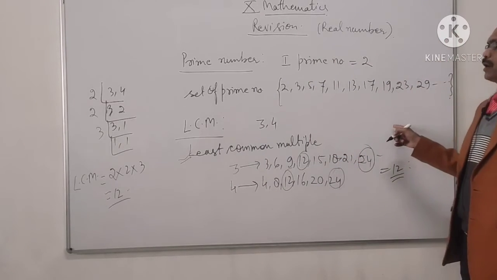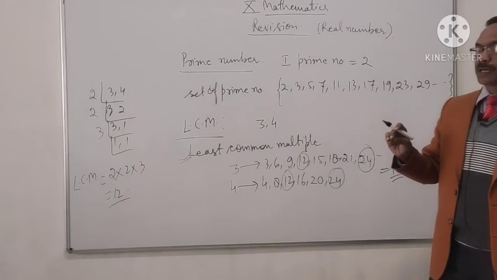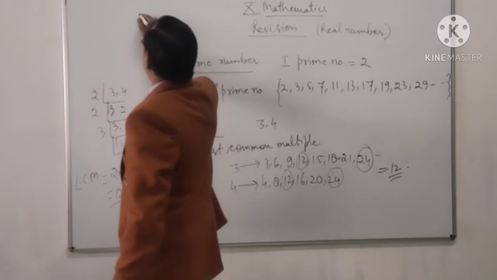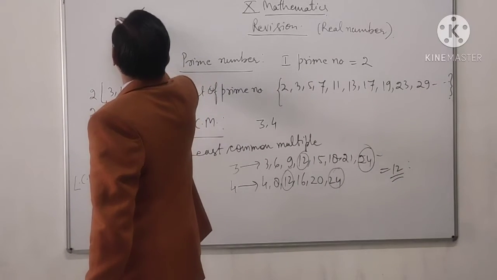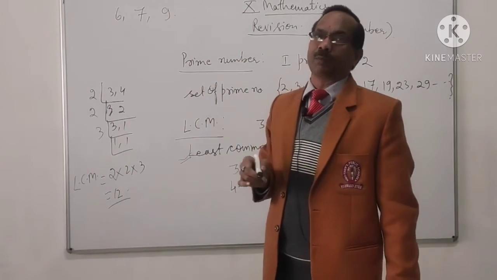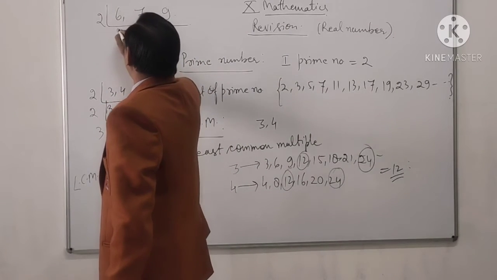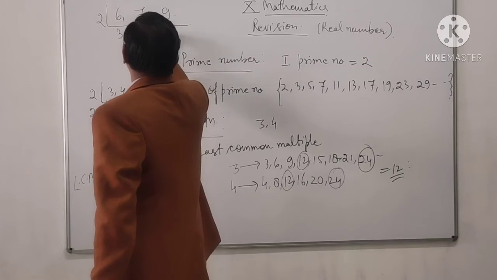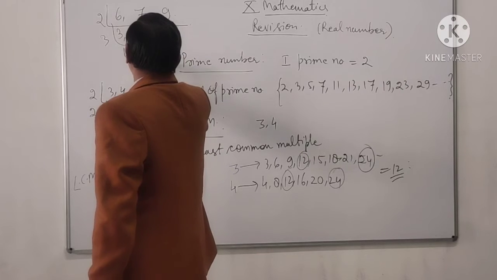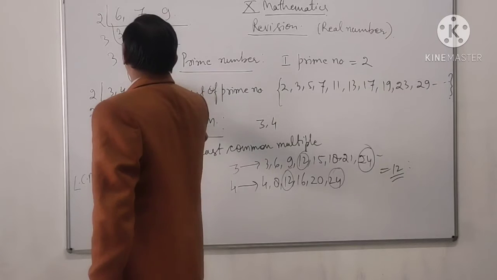So the meaning of least common multiple is that it is the multiple of both the numbers, a number which is divisible by both the numbers. Suppose we write 6, 7 and 9. What is the LCM of these three numbers? First we divide by 2: it is 3, 7 as it is, then 9. Then by 3: 1, 7, 3. Then again by 3: 1, 7, 1. Then by 7.